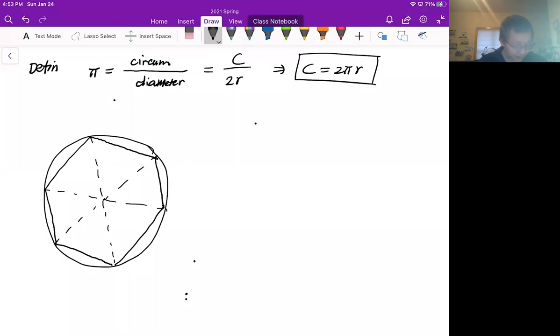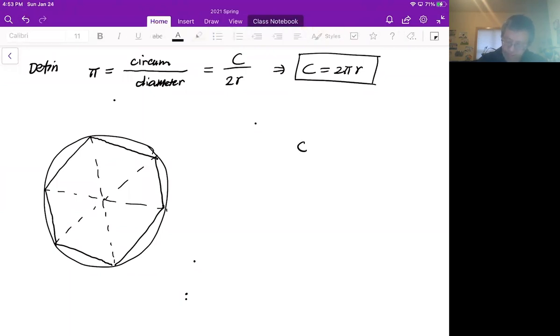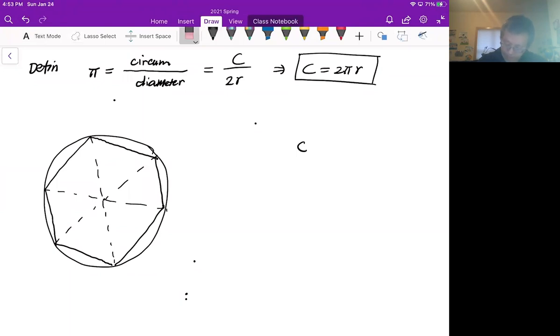And I know that the circumference C of the circle should be bigger than the circumference of any inscribed regular polygon, right?